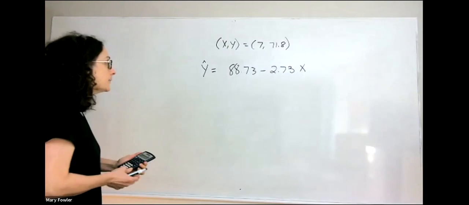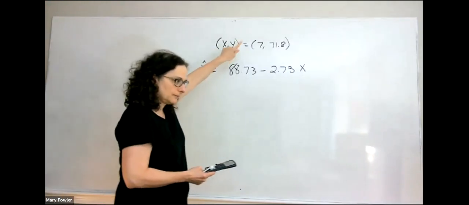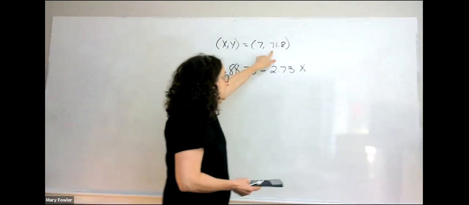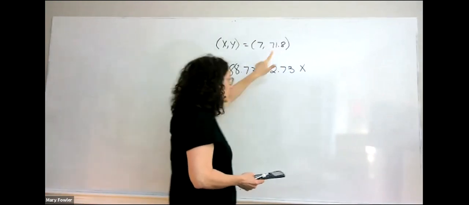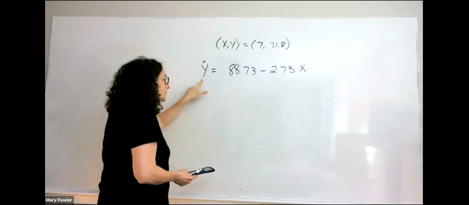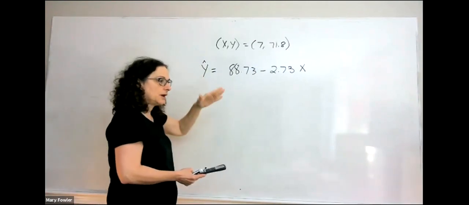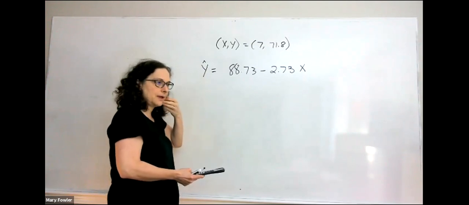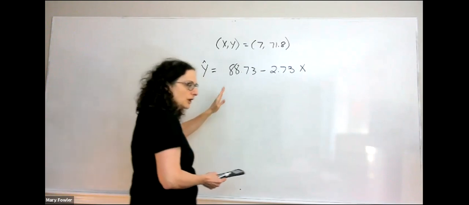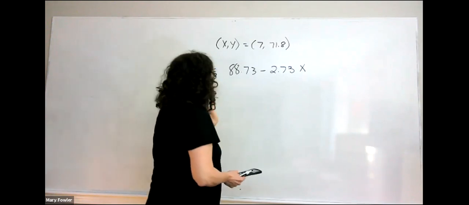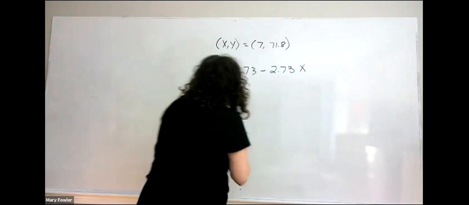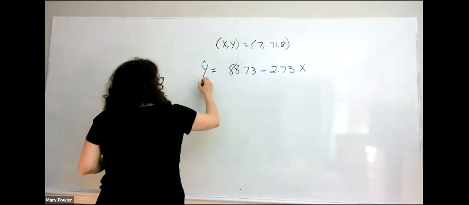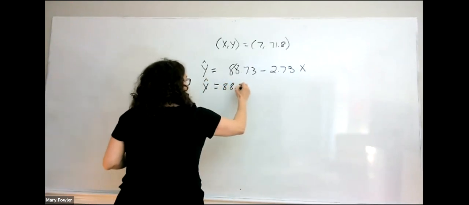Okay, so for the data point that we're going to focus on, so this conversation's about just one data point, the data point 7, 71.8, y hat is going to be the fitted value. We saw it on the graph. It's the value at the line, at the regression line for x equals 7. And to get that numerically, we're going to substitute 7 into the regression equation.